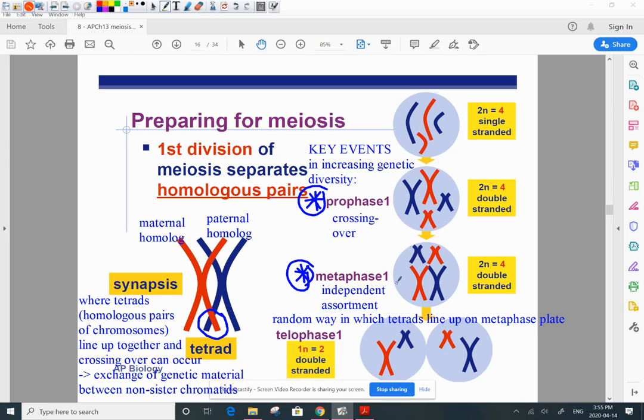So you can see here's mom, the maternal chromosome of this pair, and then here is dad's, the paternal chromosome. And so that means that when it undergoes lining up here along the metaphase plate, then when it gets into telophase, this tetrad is going to separate into two chromosomes.